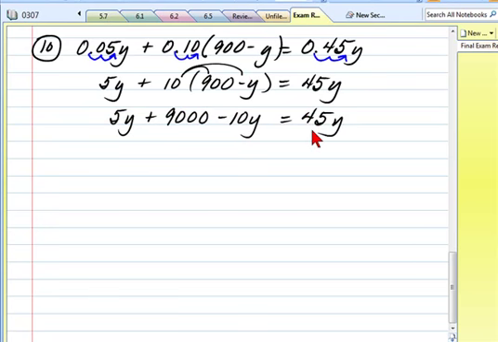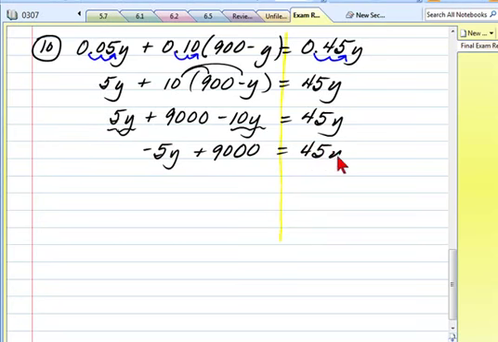I can simplify a little bit more over here on the left-hand side. I have 5y minus 10y, which is negative 5y plus 9,000 is equal to 45y. Now I've got variables on both sides. You can get rid of either one.